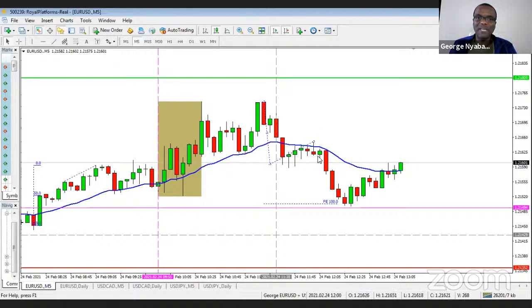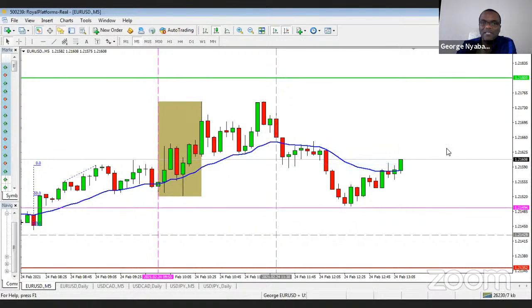So leg one, pullback, and leg two, and the leg two began here. You could have looked to put a trade there or put it there, assuming that you want to get here, but your stop is still going to be there. But it's a clinical move, like a market move. But the point is, the stop always has to be in the correct place.